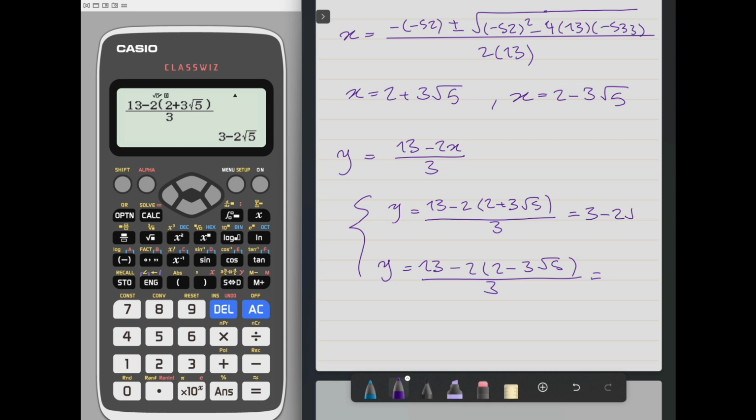Which are going to be 3 minus 2 root 5, and if I make this one minus, 3 plus 2 root 5.